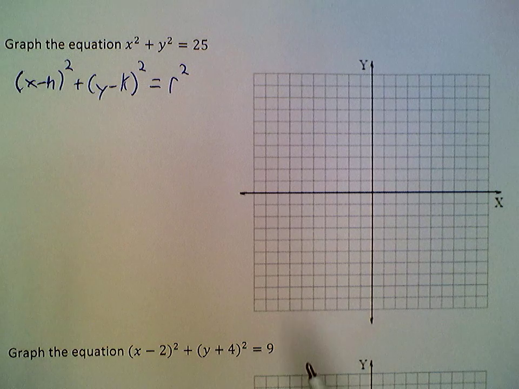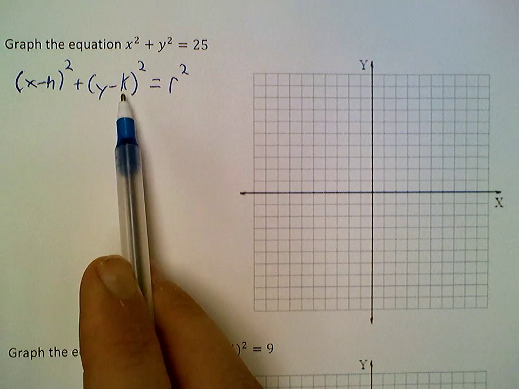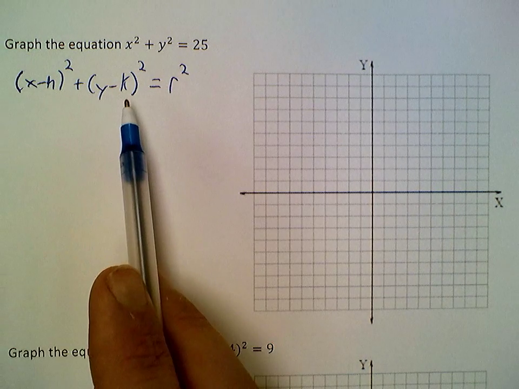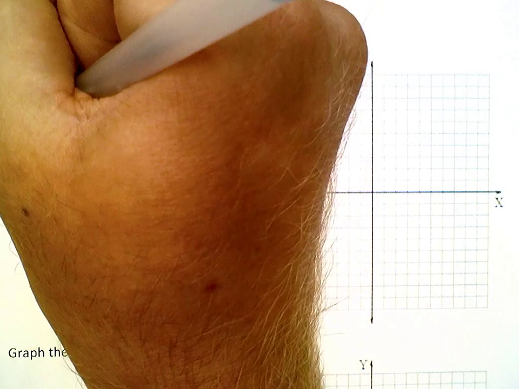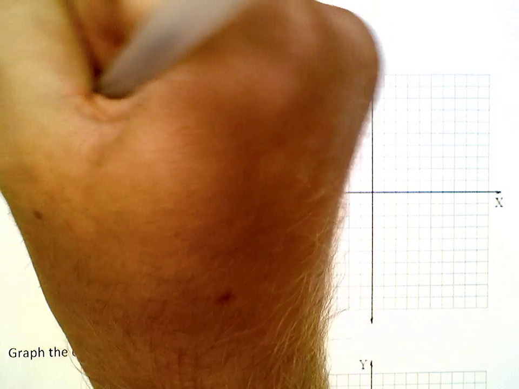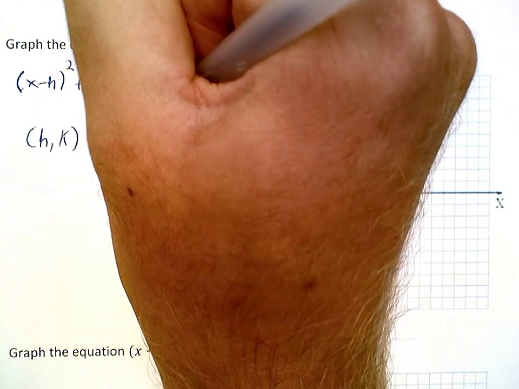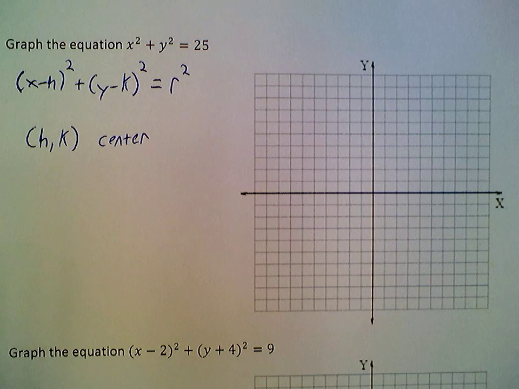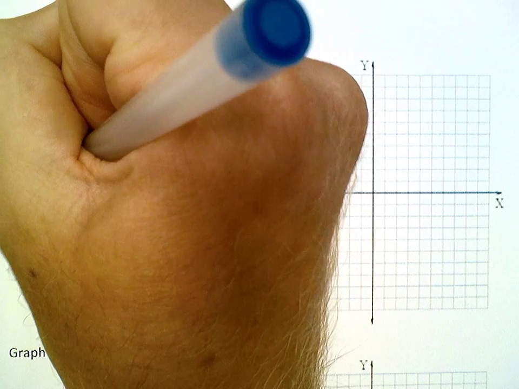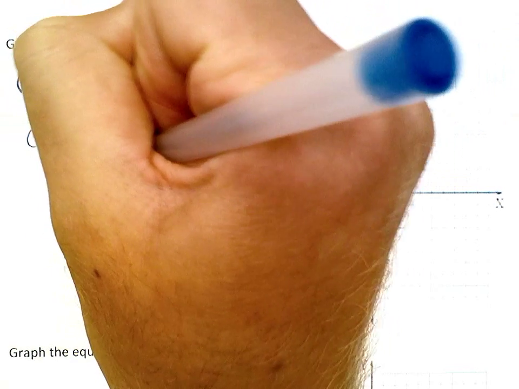Basically, h and k are the coordinates of the center of the circle. So (h, k) is the center of the circle. And the r variable is the radius of the circle.